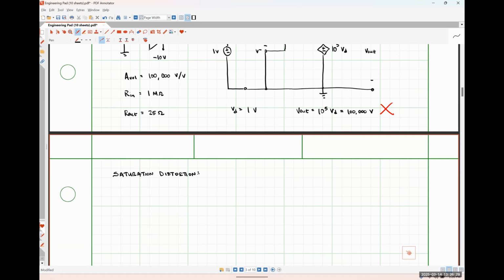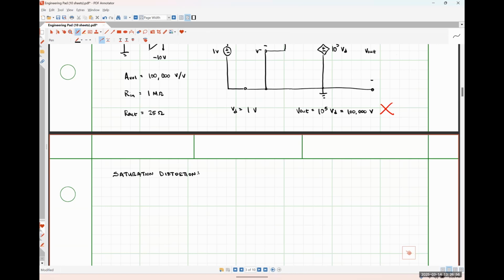Essentially, what saturation boils down to in electrical engineering is if you have a system and a change in the input no longer causes a change in the output, the system is referred to as saturated, okay? We can't cause any more change in the output due to a change in the input.